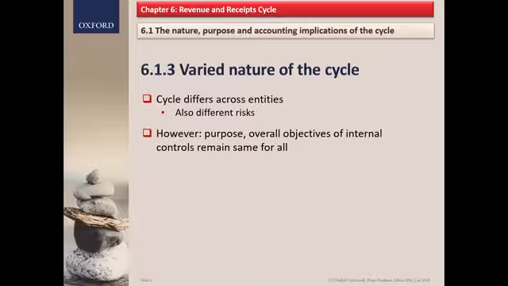Those are control objectives, and auditors also will come up with their own assertions to audit, to get more evidence that everything was in line with what management asserted in the financial statements, so that no material misstatements occurred in this cycle that can render the financial statements unfairly presented.